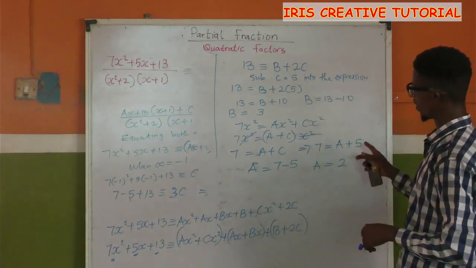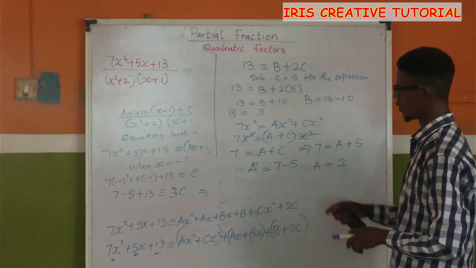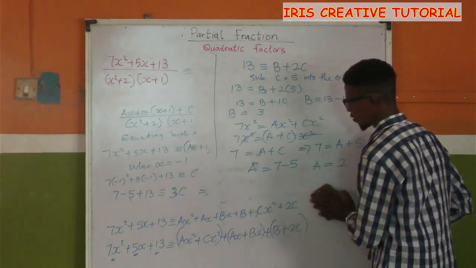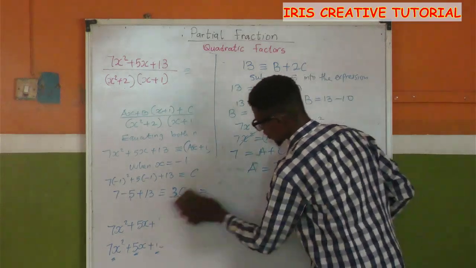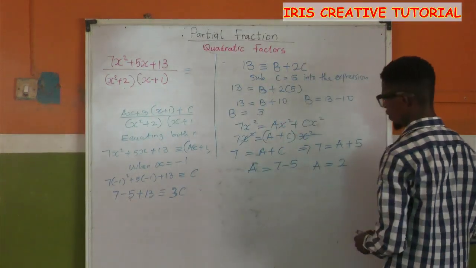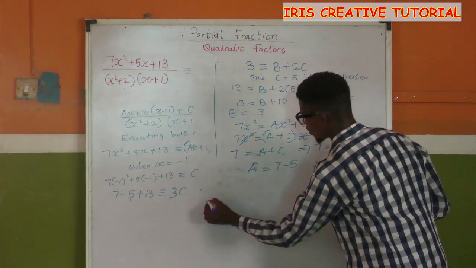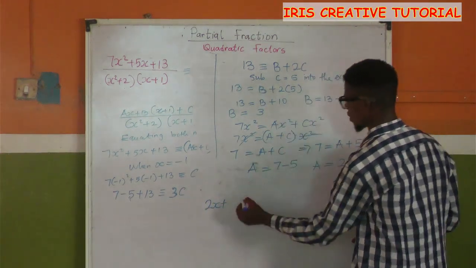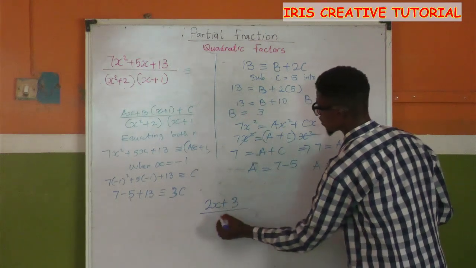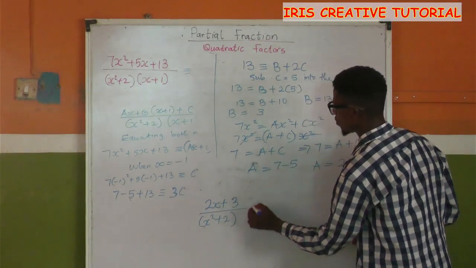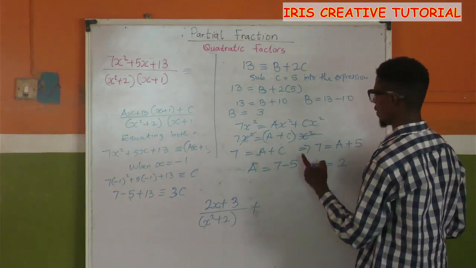So we have obtained the value for a, b, and c for this expression now. So if we are going to rewrite that into the equivalent partial fraction format, we are going to have ax plus b, and a is 2. So we say 2x, b is what? 3. 2x plus 3 over x squared plus 2, plus c is what? 5.